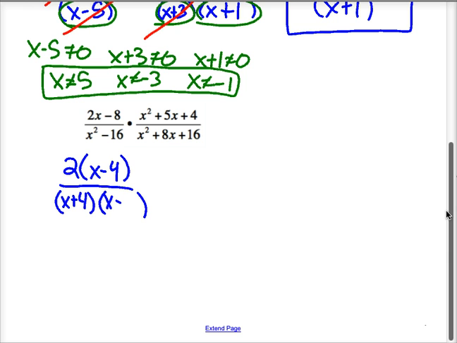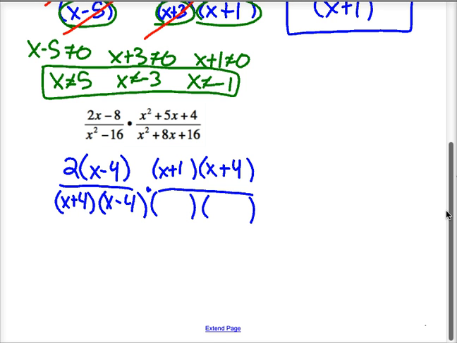X plus 4, x minus 4. X squared plus 5x plus 4, we're going to get an x plus 1, x plus 4. X squared plus 8x plus 16, x plus 4, x plus 4.